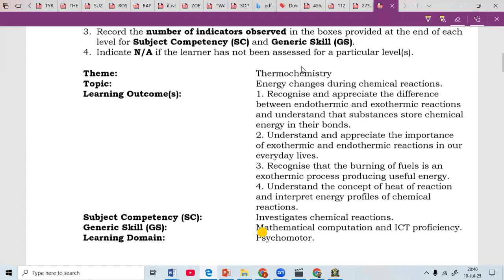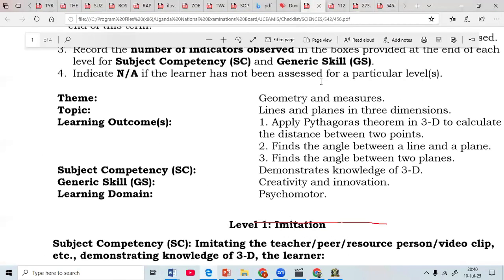Now here, we expect that you are going to take the child from the first step of observing what to do until when he or she masters. So a practical is what is expected when it comes here. So that is how we are supposed to carry on.